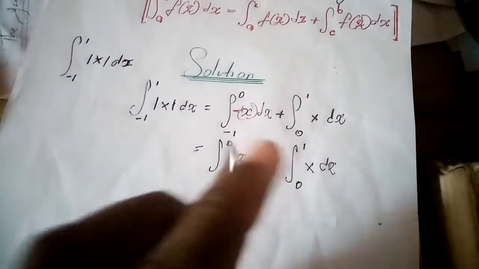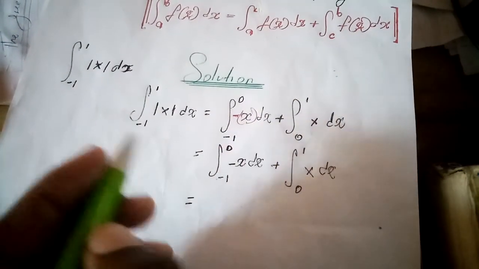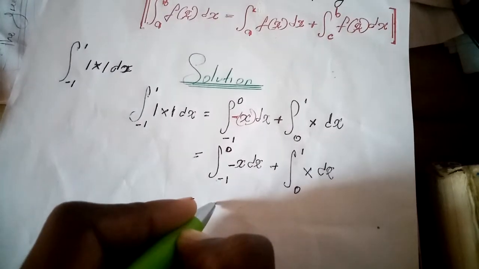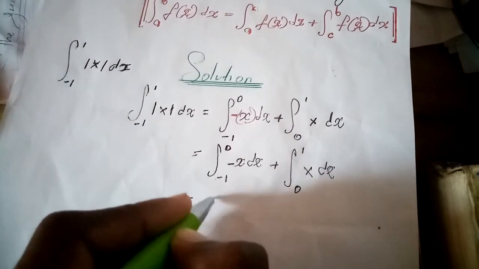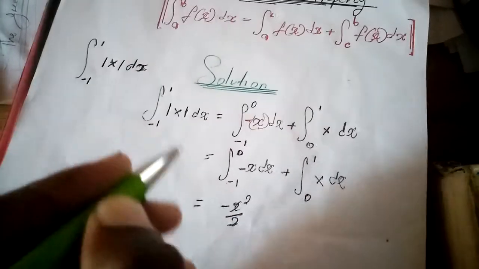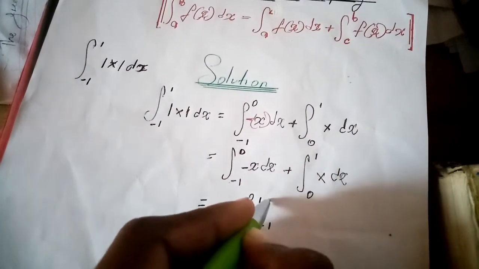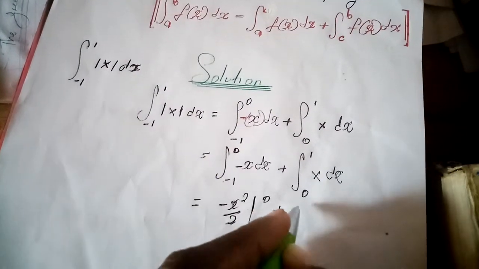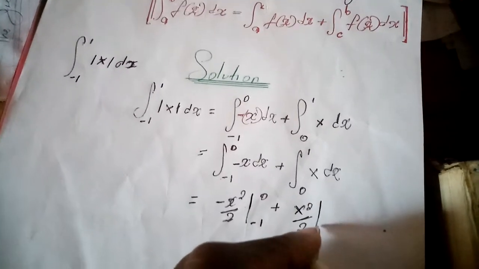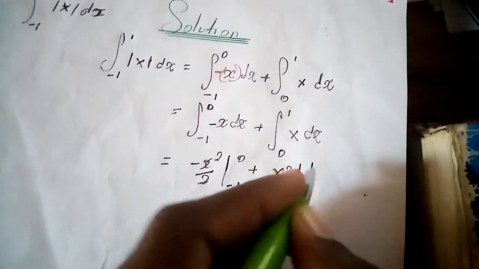Then you can go on and apply the normal integration technique. What we are going to have here is negative x squared over 2, from -1 to 0, plus x squared over 2 from 0 to 1.